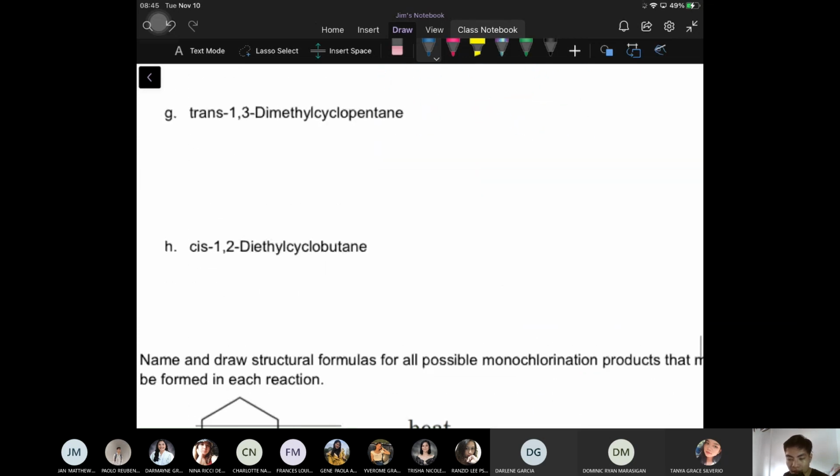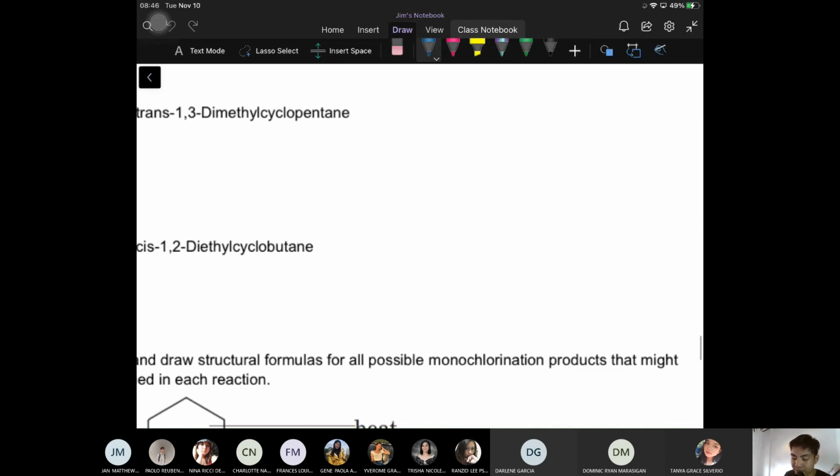How about in cyclo compounds? The cis and trans isomerism. If you remember, we use solid or dashed wedge bonds here. So, this is the solid, this is the dashed. When it's solid, what does it mean? The bond is pointing towards you.